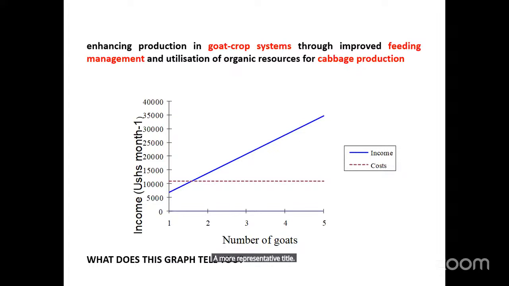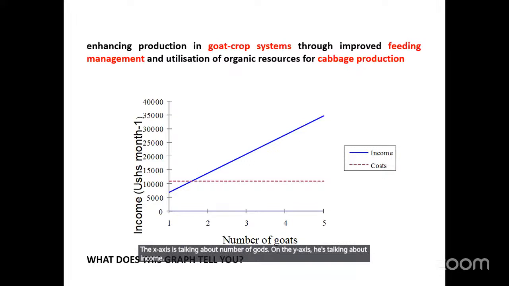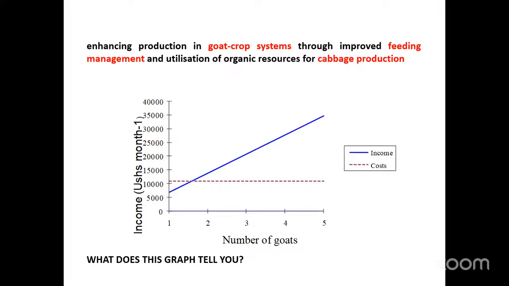But also, if you look inside the graph, first of all, let's look at the axes. The x-axis is talking about number of goats. And the y-axis is talking about income over time. And it is saying the more the goats, the more the income. Do you want to believe that?